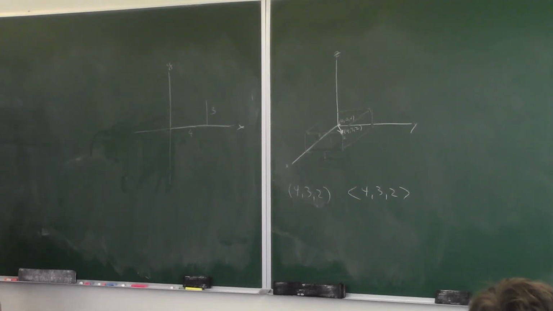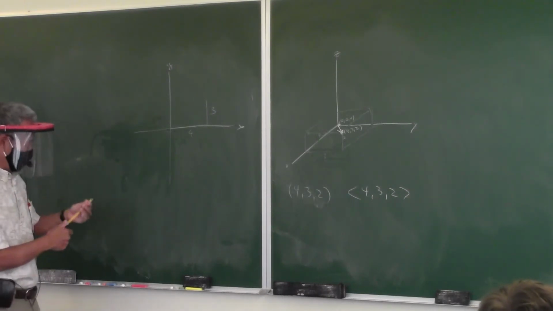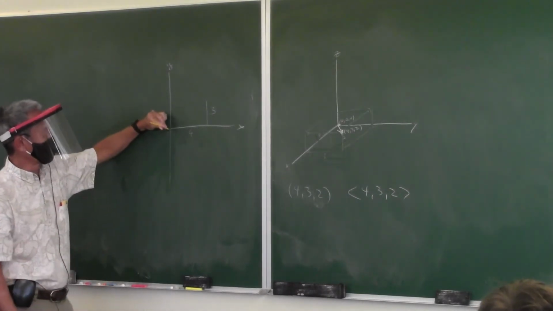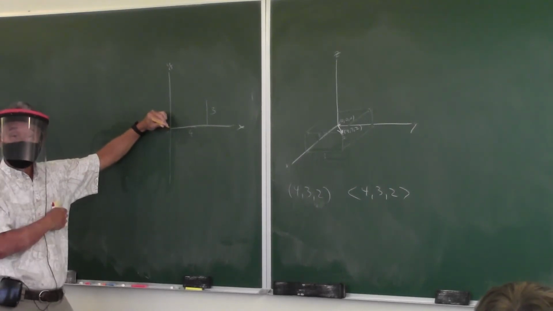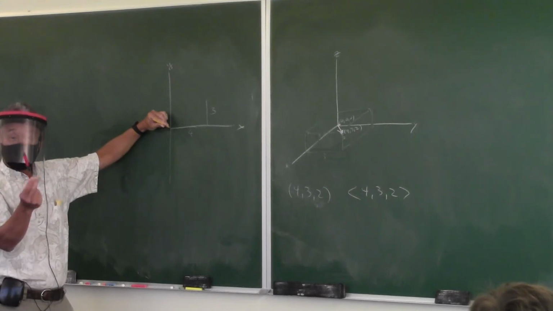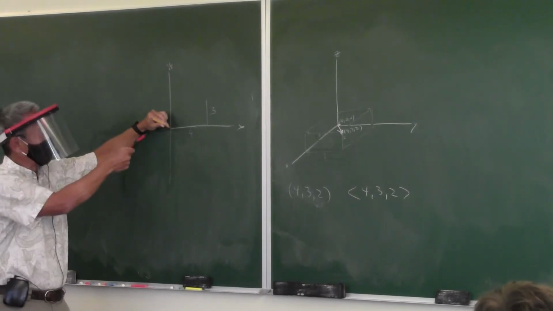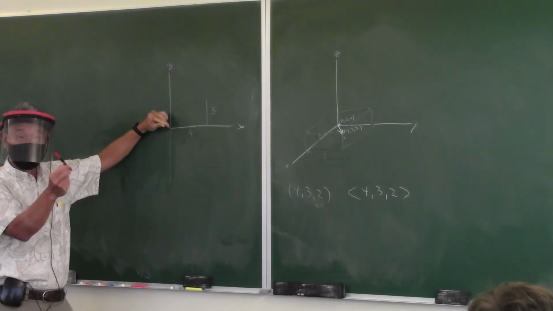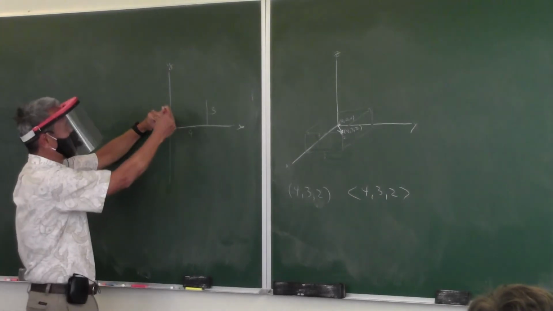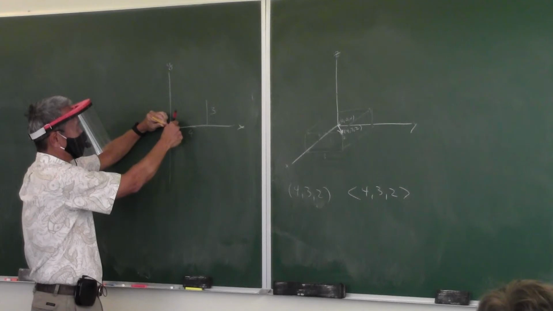Now, how do you think of 4 dimensions, Mr. Park? Well, okay, here is the positive z-axis, like this, right? To go to 4 dimensions, you need another axis perpendicular to all 3 of these. So where would you put it so that it's perpendicular to all 3? Like that?